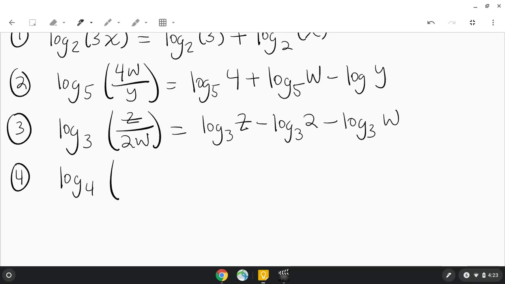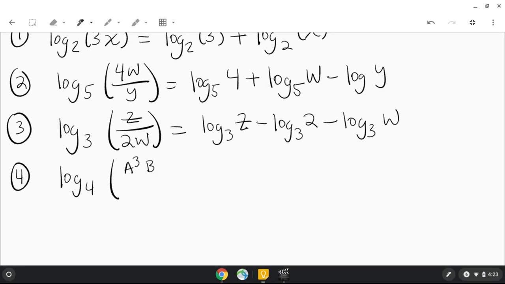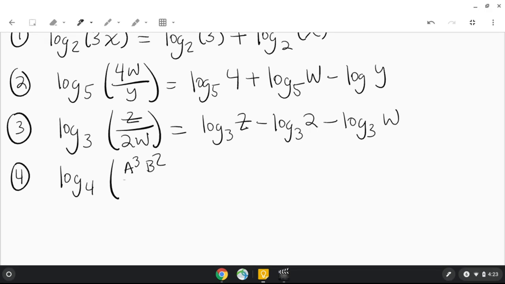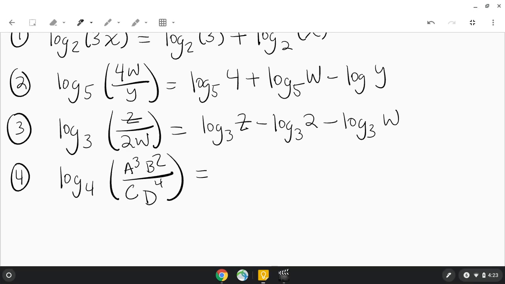Let's take a look at this one, log base 4. And let's make it a little more interesting. Suppose we have a cubed, b squared, all over c d to the 4th power. Again, anything in the numerator will be positive, anything in the denominator will be negative, and it doesn't really matter what order you put them in, so long as the ones in the numerator are positive and the ones in the denominator are negative.